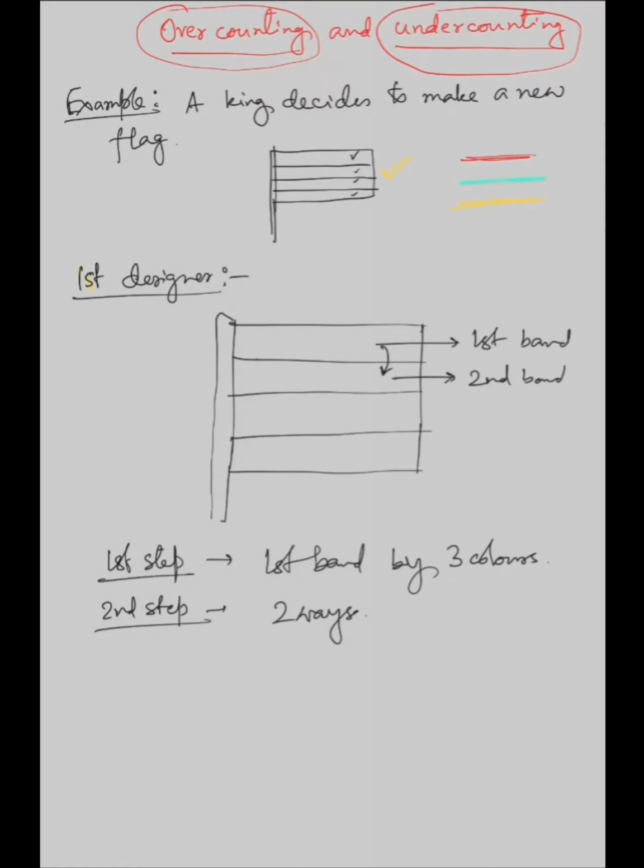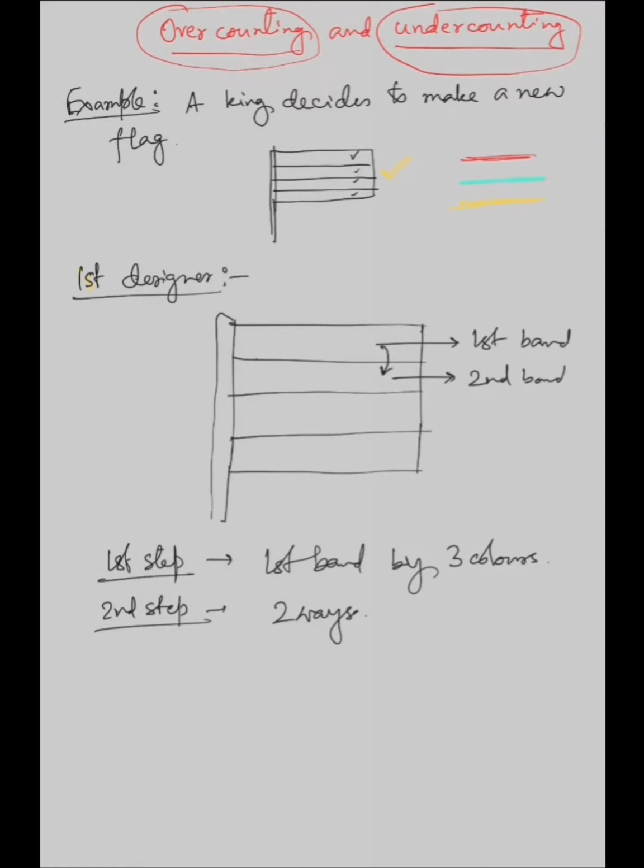Because one color is applied to the first band, so he cannot use that color in the second band. Suppose he has already used green here, so he cannot apply green again. He has to leave that color and choose from the remaining two colors. So he can color the second band in two ways.